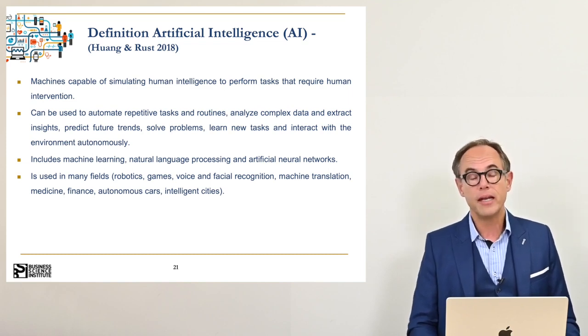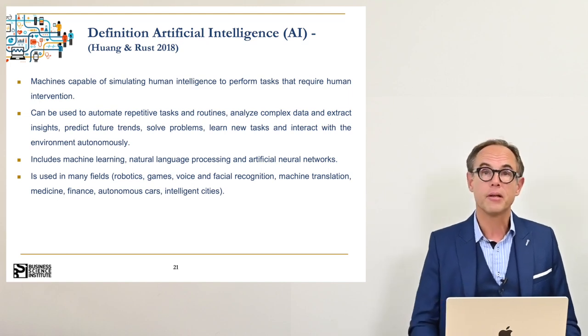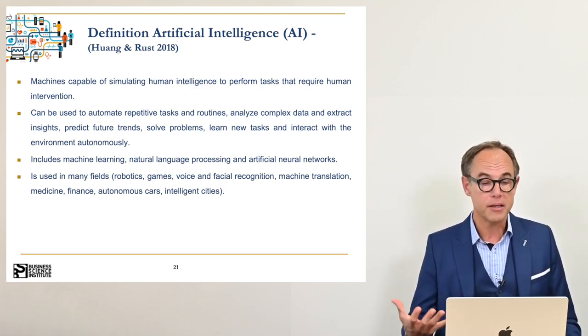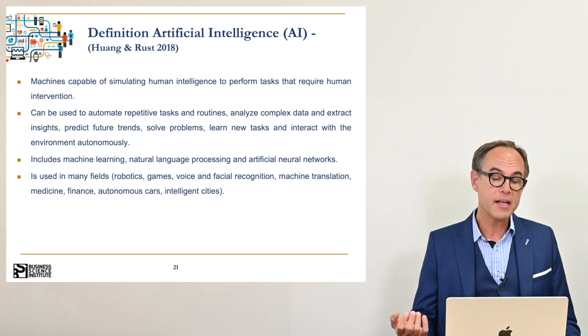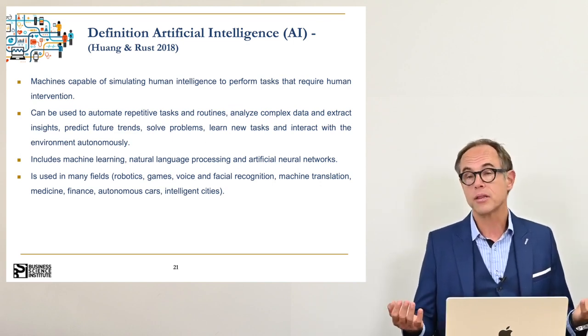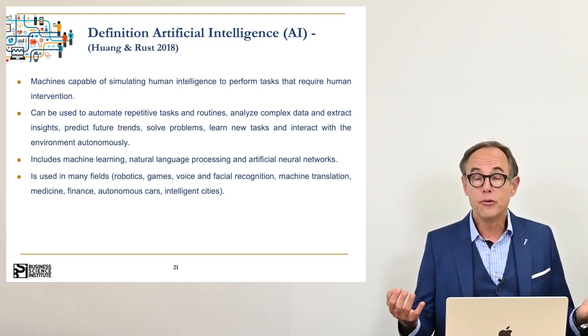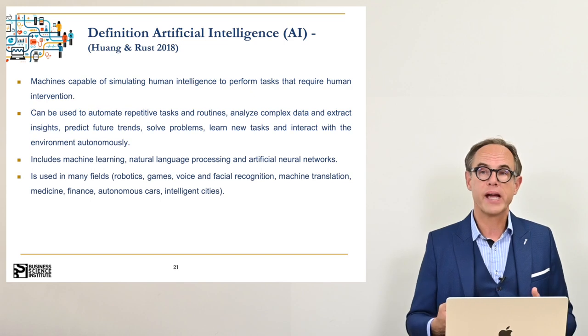It is used in many fields such as robotics, games, voice and facial recognition, machine translation, medicine, to detect, for example, pathologies, diseases, and finance, but also in autonomous vehicles or intelligent cities or smart homes. To mention only a few of these technologies where AI is used.